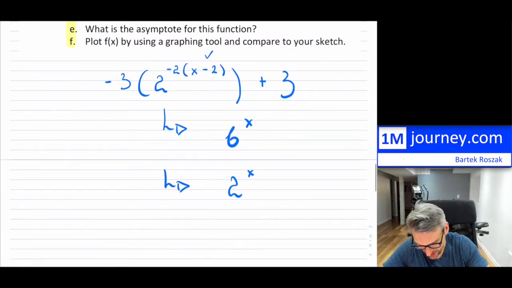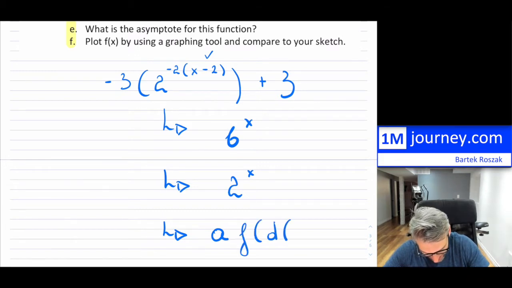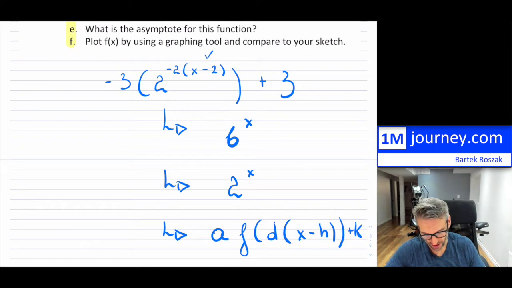Now, our transformations that we have, remember, so this is basically what we're trying to see. If you remember, for transformations, A, and then we had our functions. So we had some f and then d, okay, x minus h plus our k, all right?